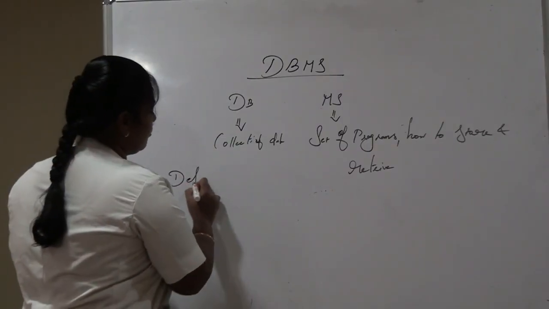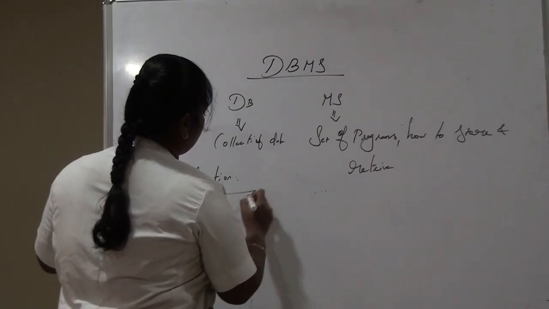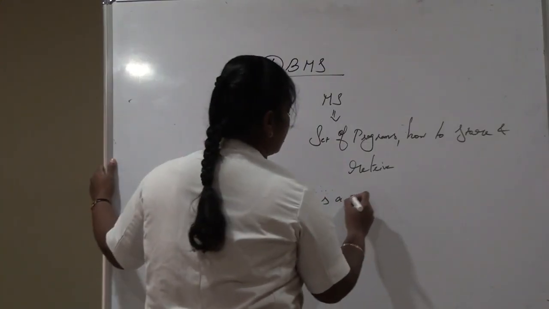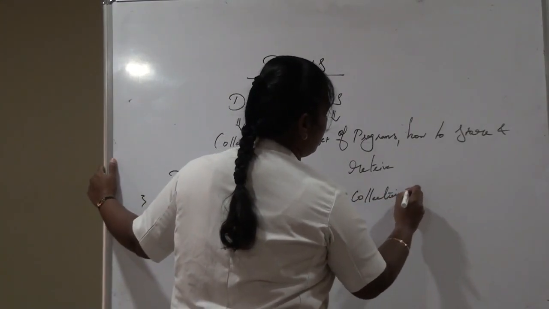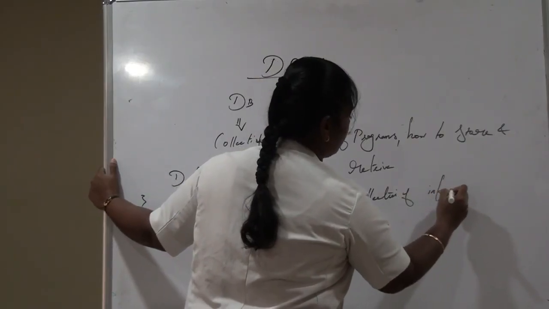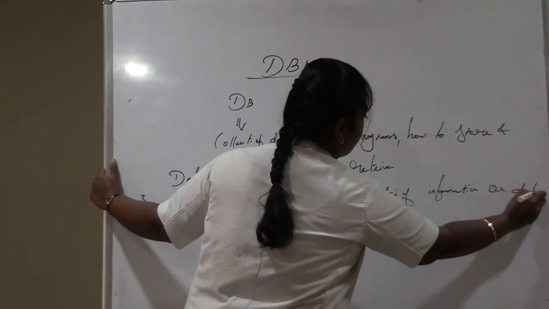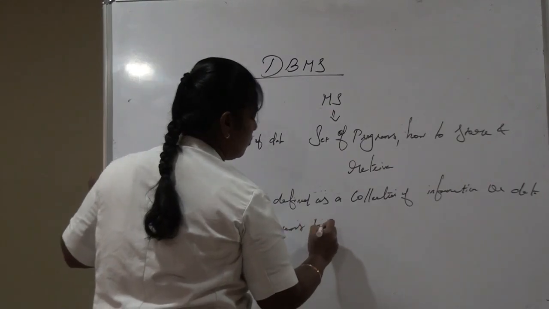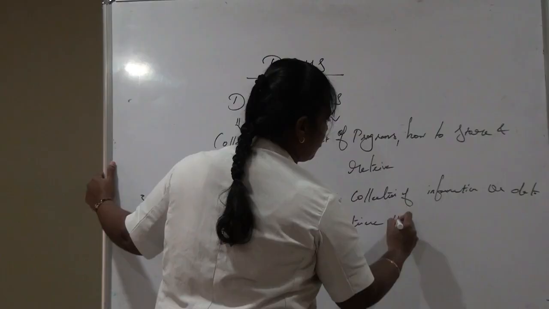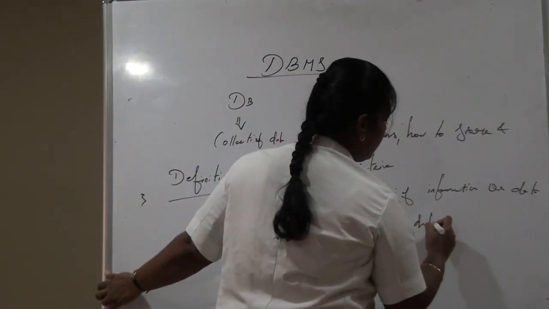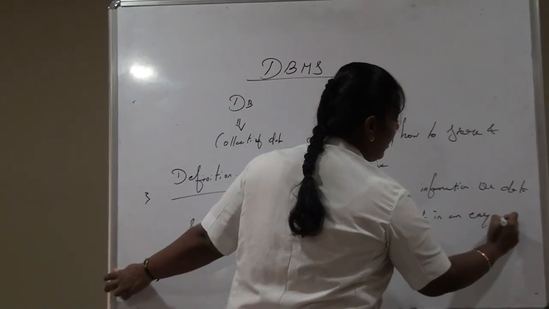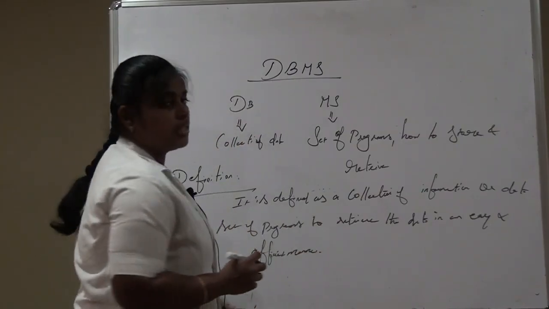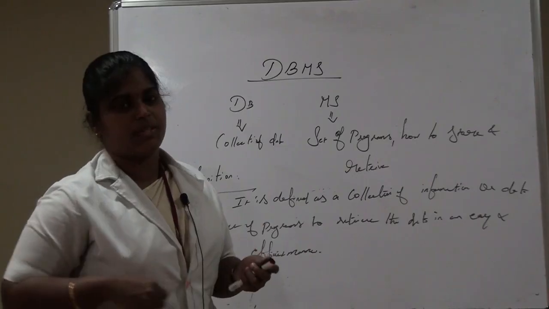This is the definition: thus defined as a collection of information or data and a set of programs to store and retrieve the data in an easy and efficient manner. This is the basic definition for database management system.